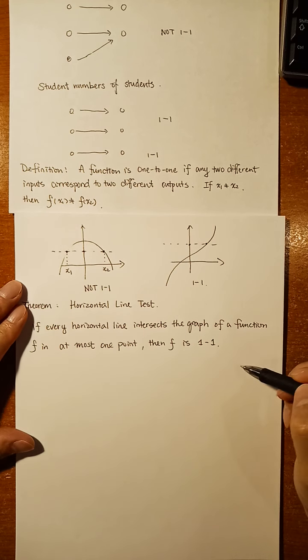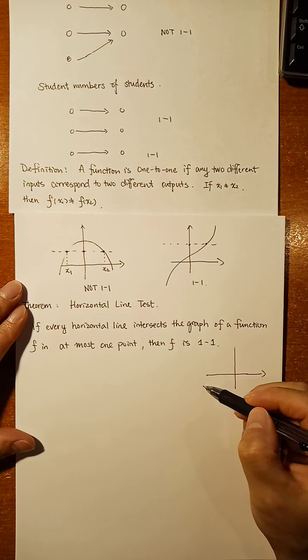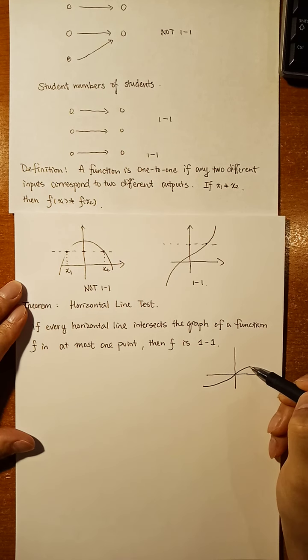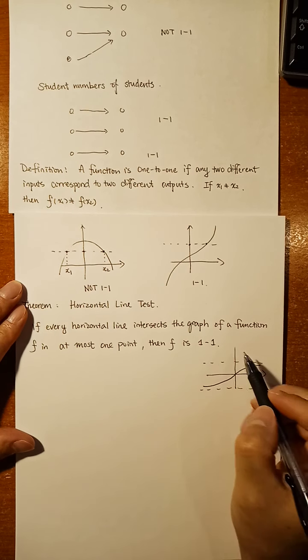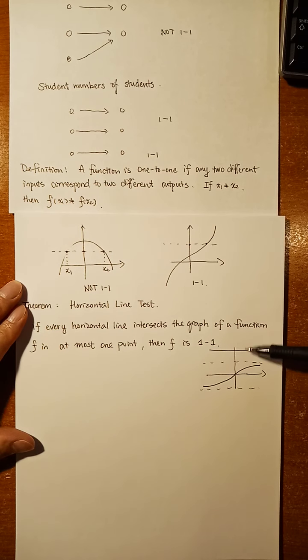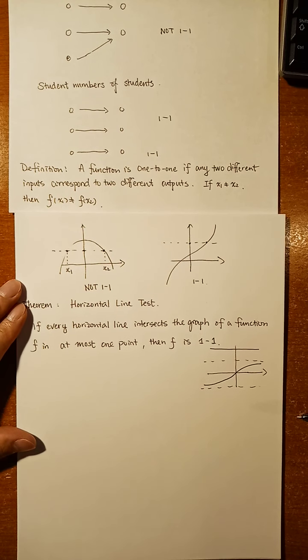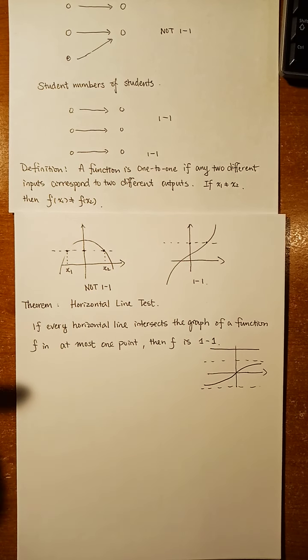For example, I can give you this example. The graph looks like this. This is a so-called horizontal asymptote. If you draw a horizontal line in this place, it's outside the range. Of course, it does not intersect the graph, but it's okay because the intersection is 0.